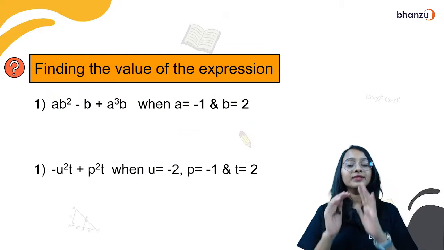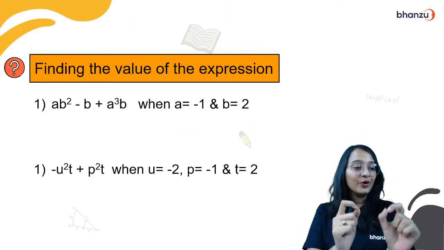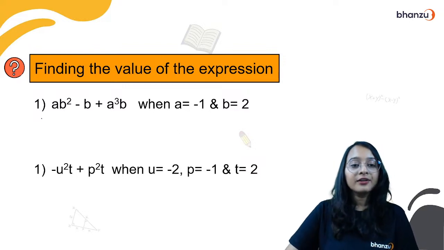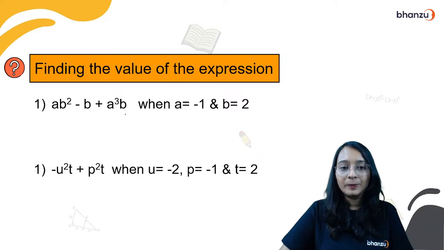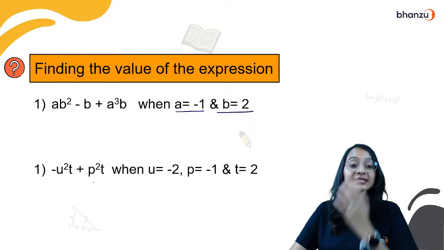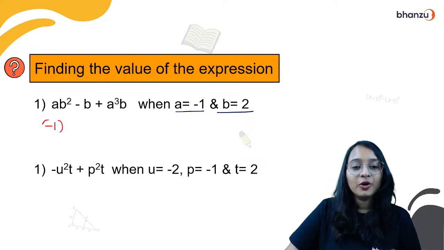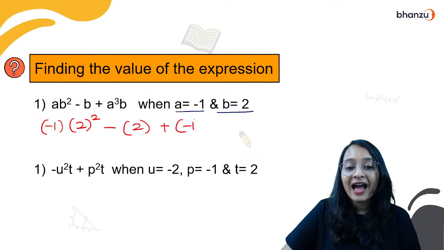Alright. Next, we'll be talking about the last topic, finding the value of an expression. So here you have an expression ab² minus b plus a³b, and we have to find what would be the value when a is minus 1 and b is 2. So all I'm going to do is substitute the values in place of a and b.